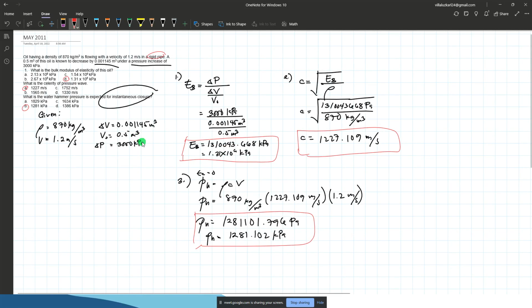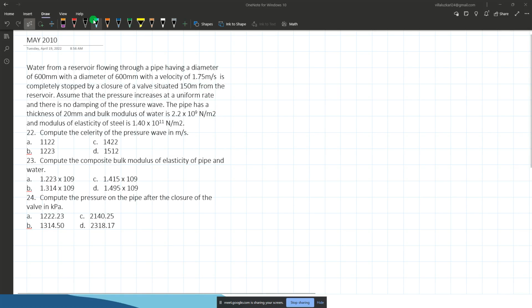Okay? We're done with number 2 situation. So for our last example, this is May 2010 CE Board exam problem. Water from a reservoir flowing through a pipe having a diameter of 600 mm with a velocity of 1.75 meter per second.